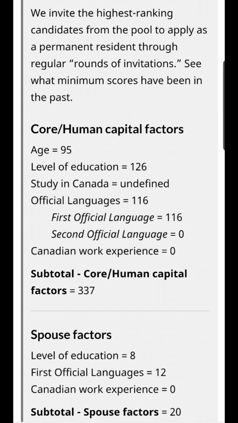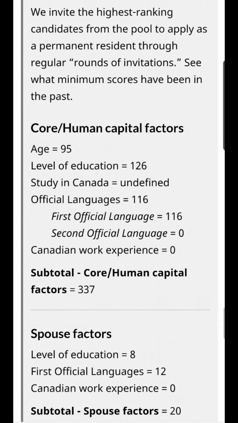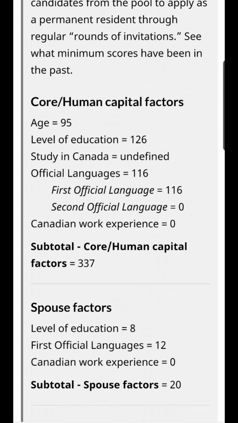If the age increases, the mark will decrease. If age decreases, the mark will increase. Then level of education. Based on your education, you will get a score. If you complete a bachelor's degree, your score will be different, and if you complete a master's degree, the score will increase. If you complete a PhD, it will increase further.